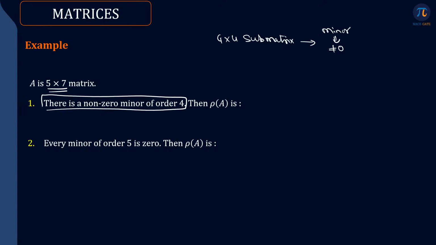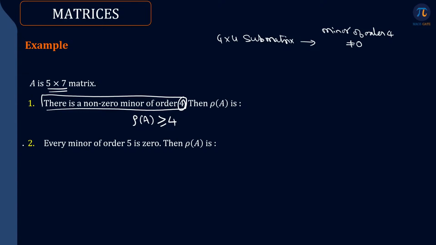I am just telling you that the minor of order 4 is non-zero. That means rank can be 4 or more than that. Suppose I find a minor of order 5 which is non-zero, rank can be 5 also. So whenever you say that there is a non-zero minor of some order, rank can be either that or more than that.